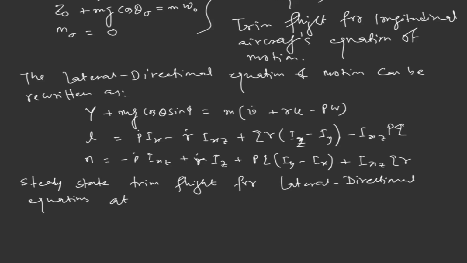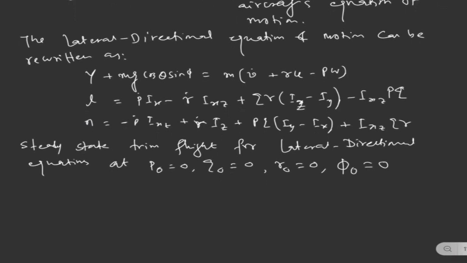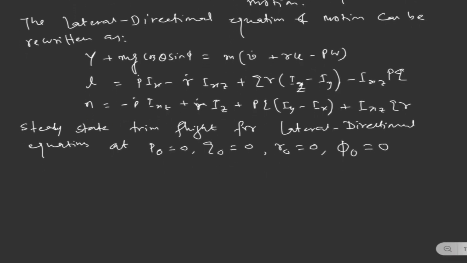At p equal to 0, q equal to 0, r equal to 0, and phi equal to 0, we can get the trim flight condition for the lateral directional equation: Y naught equal to m v naught dot, L naught equal to 0 and N naught equal to 0.